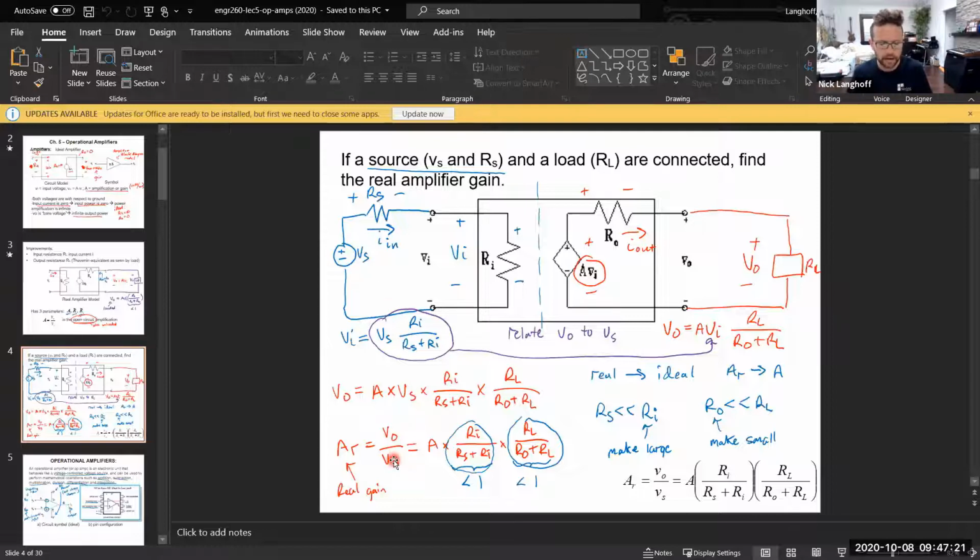So the total gain of the system from the voltage source all the way to the voltage delivered to the load, you need to account for loading effects at the input by this factor, Ri over Rs plus Ri, and loading effects observed at the output by this factor, RL over Ro plus RL. That's the way you calculate the actual gain for an amplifier when you consider loading effects at the input stage and at the output stage.